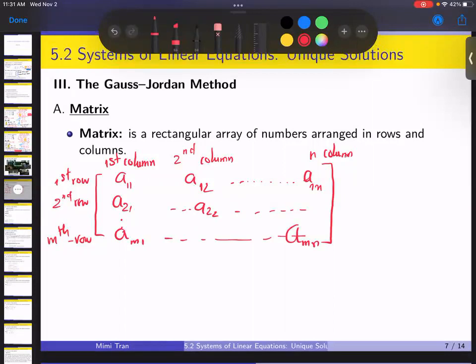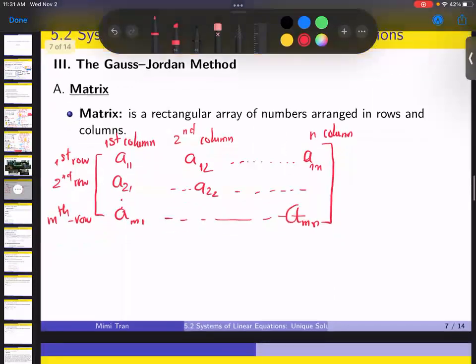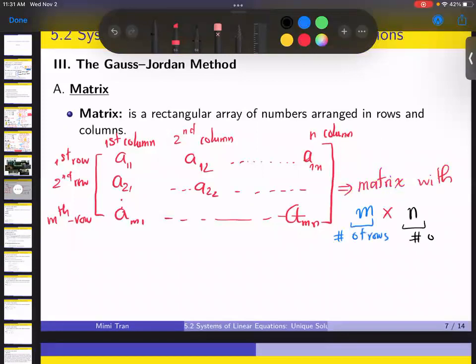I'm not gonna examine you on this. I just need you to understand, that's all. So this is the matrix we call, this is the matrix with M rows, M by N, where M is the number of rows and N is the number of columns.